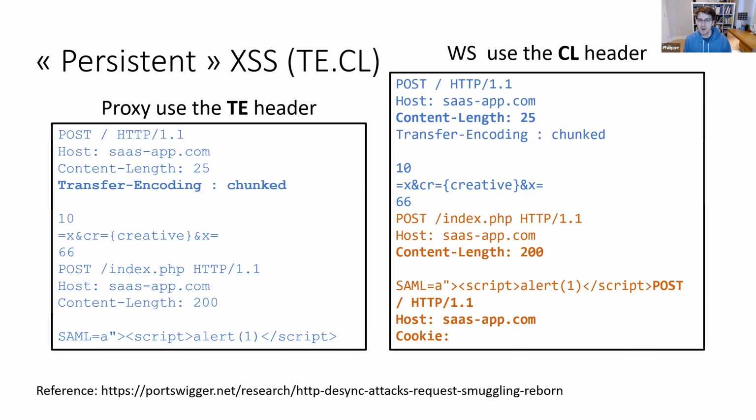Another example here with a similar pattern, but here we're prefixing an XSS payload that will be forced on a user. So it's going to be similar. I'm just going to look at the second, the right part. So we're doing a POST to index.php, and it's inspired from an example also given by James Kettle.